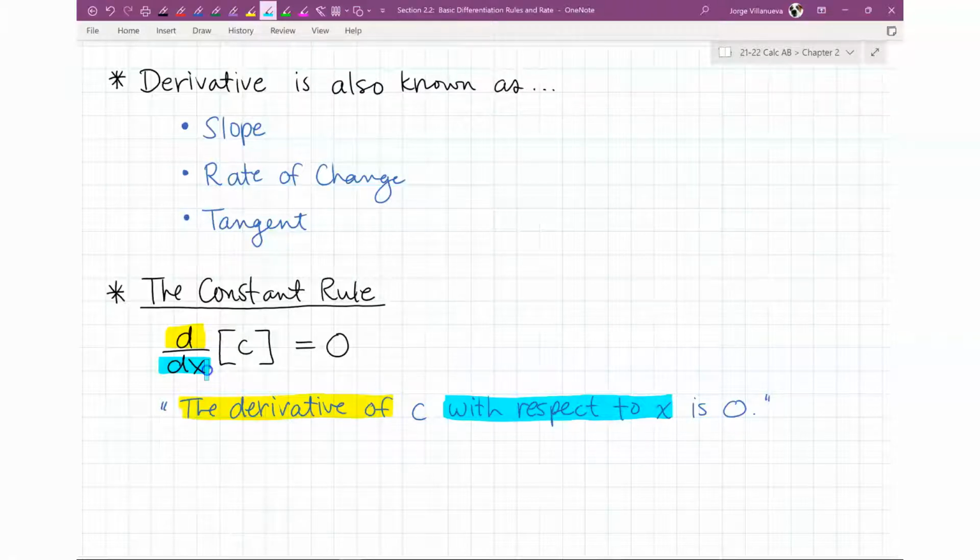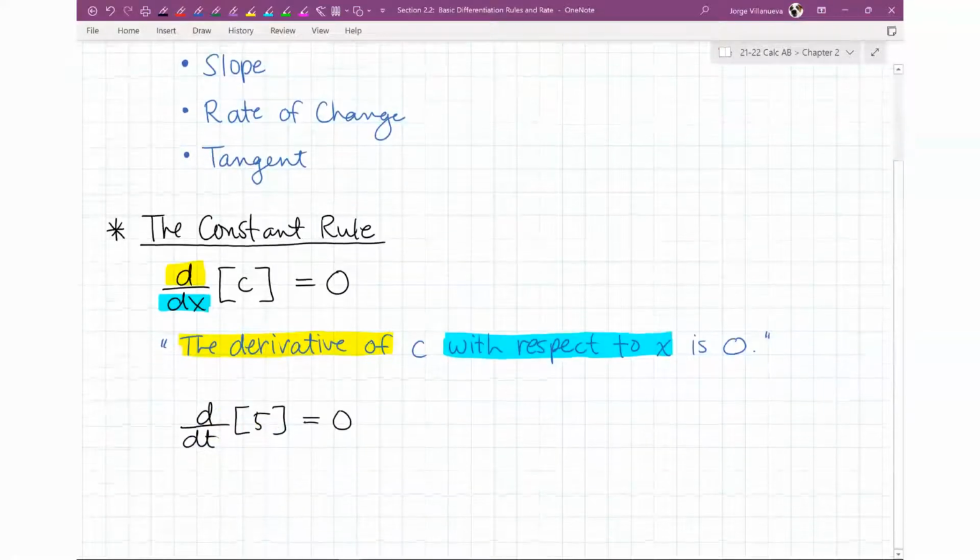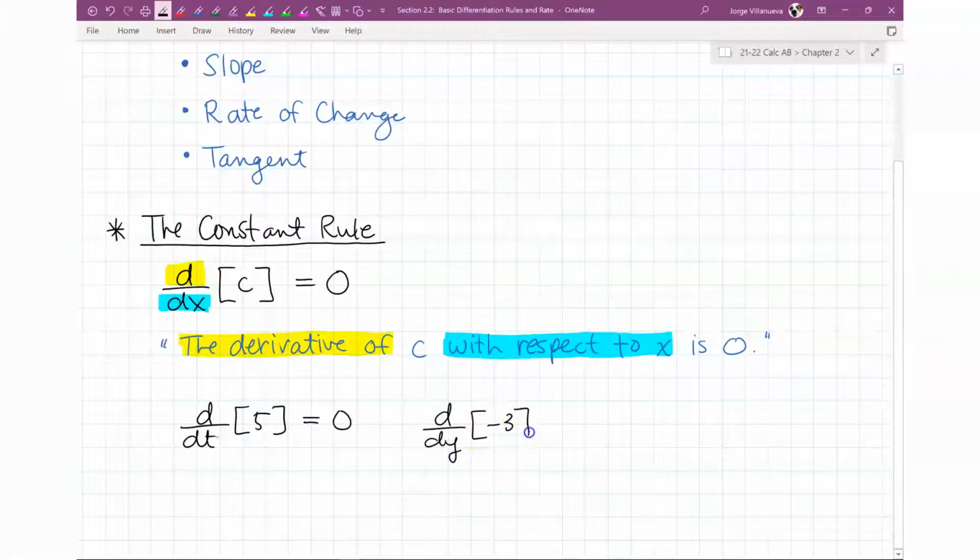I could do d dt of 5. That's 0. Right? I could do d dy of negative 3. That's 0. Okay? As long as it's a constant, then its derivative is 0. Okay? The derivative of a million is 0.